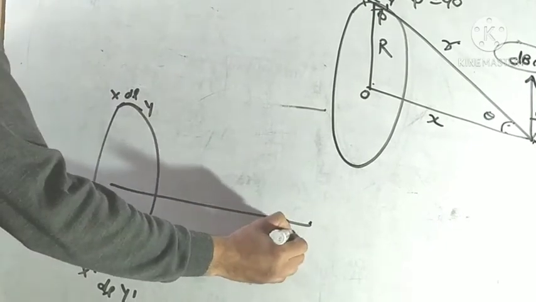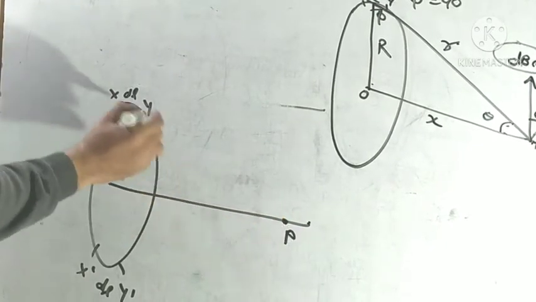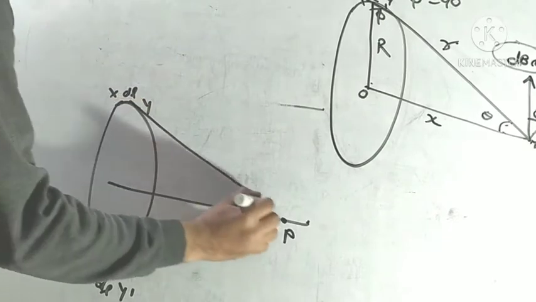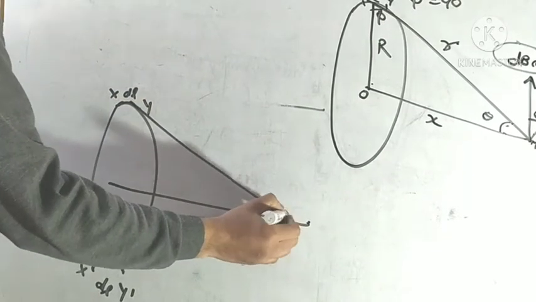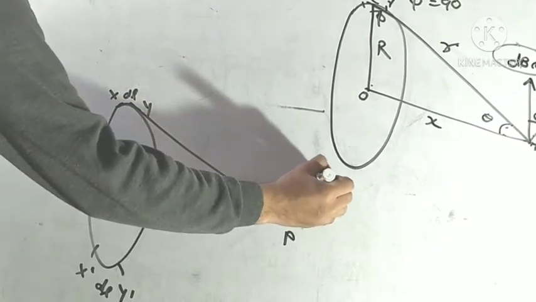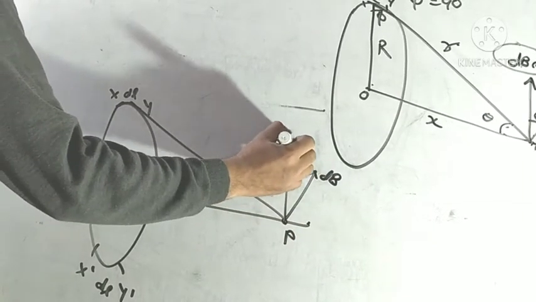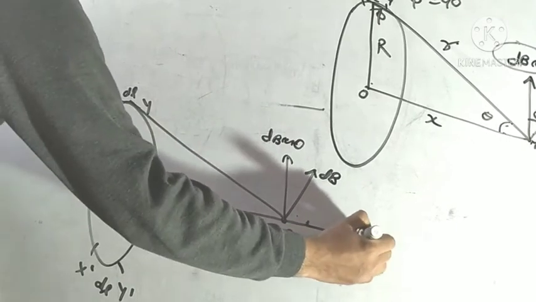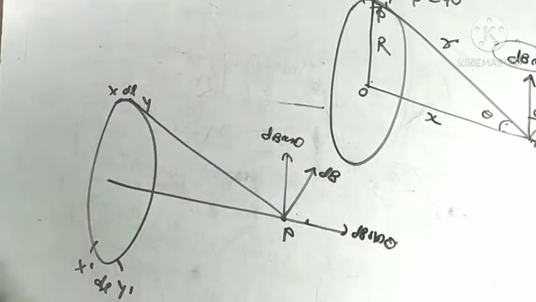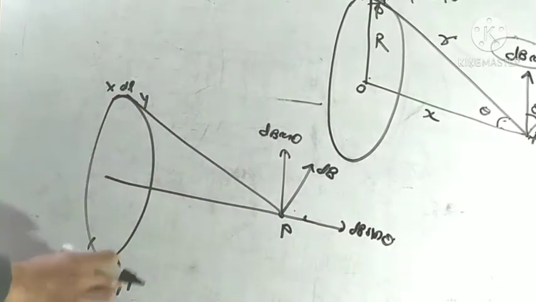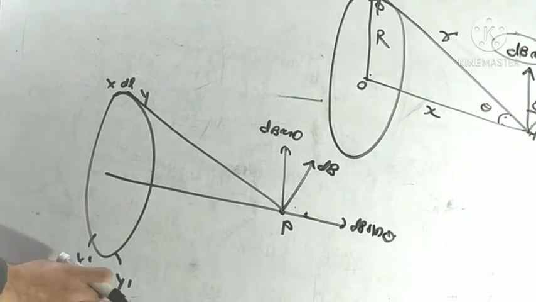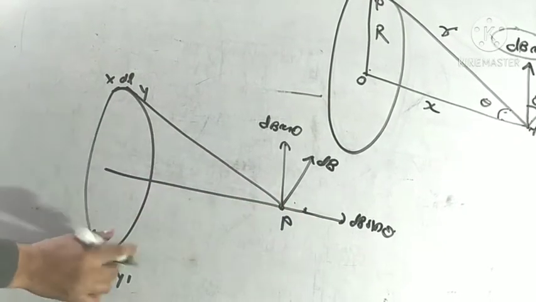At point P, the magnetic field due to the small element xy is dB, along this direction, and its components are dB cos theta and dB sin theta. The magnetic field at point P due to the opposite element x'y' is also dB in its own direction, and its components are dB cos theta and dB sin theta.